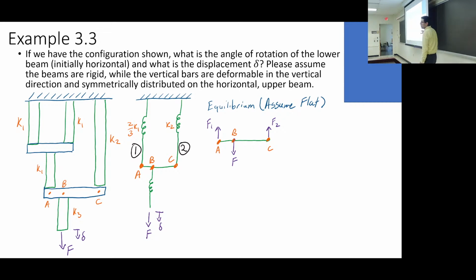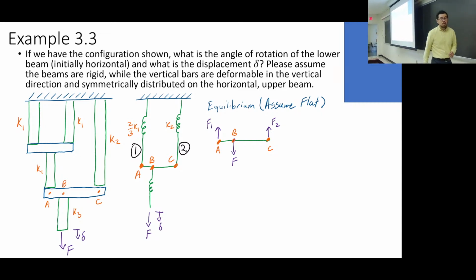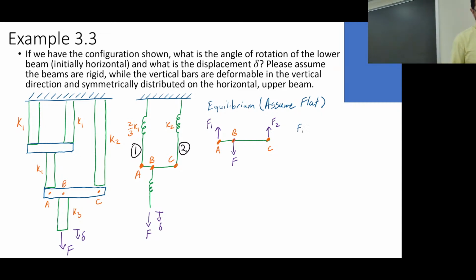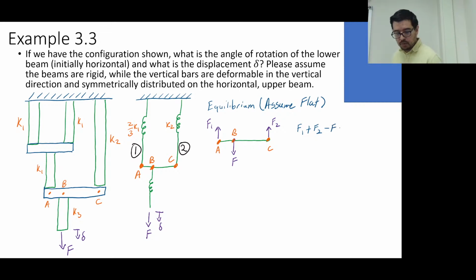But we're going to assume it's flat here for this part, if we're doing the equilibrium, okay? When we do the deformation, of course, we'll use the rotation. So with this, okay, now it's working. I got too far away, I guess.